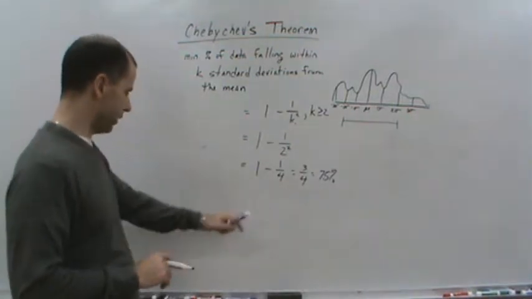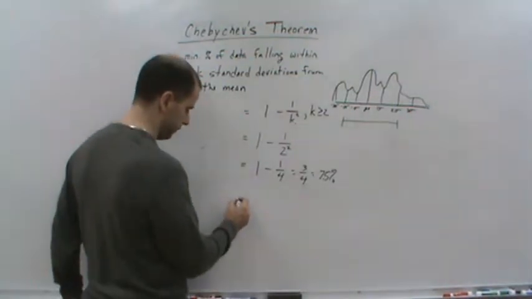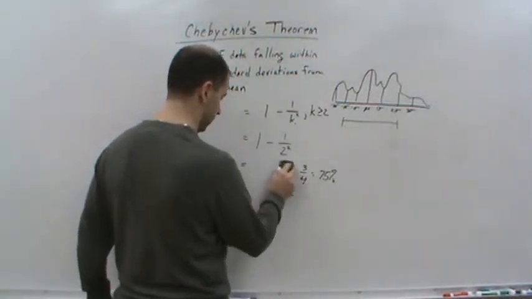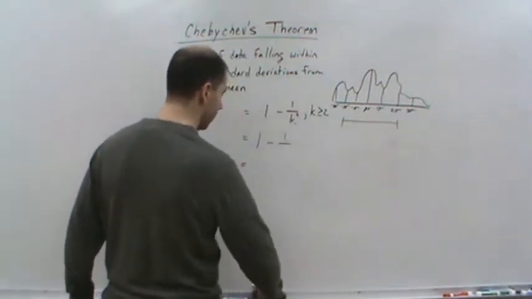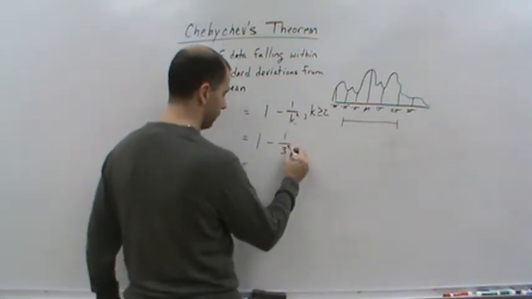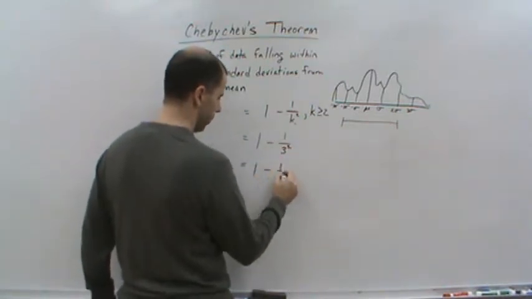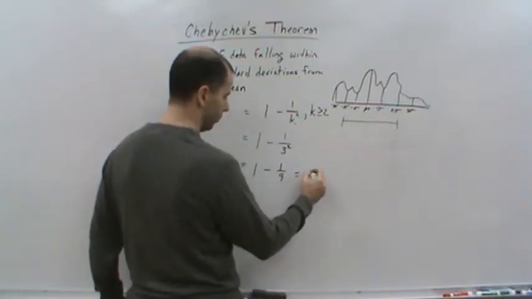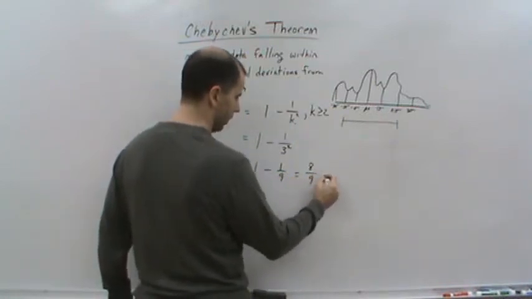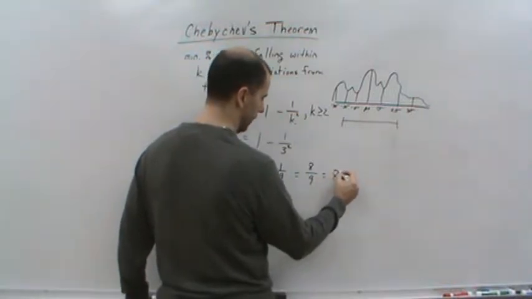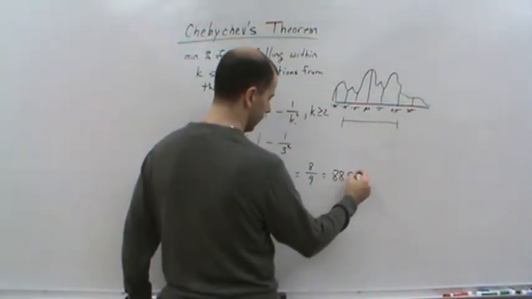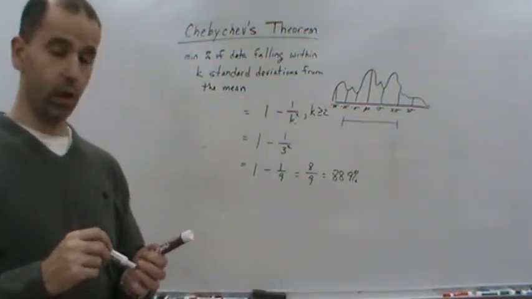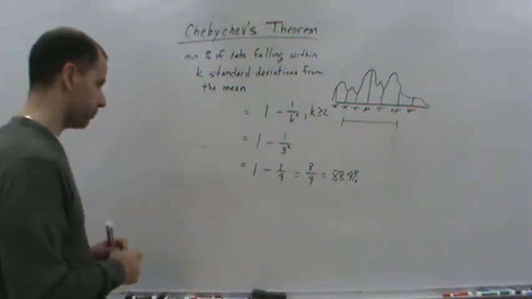If we did this for 3 standard deviations, so k was equal to 3, we would get 1 minus 1 over 3 squared, which is 1 minus 1 over 9, which equals 8/9, which is approximately 88.9%, or 89% if you want to round to the nearest whole percentage.